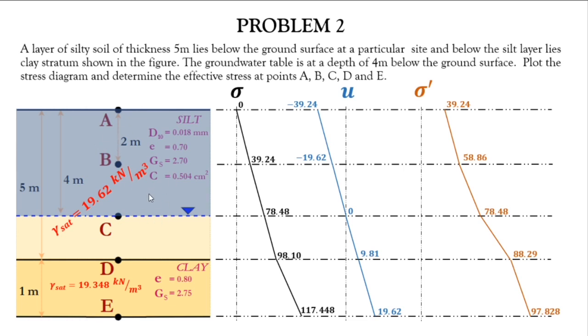So ngayon, yung next topic naman natin is, pwede natin siyang i-set up kung saan pwede tayong mag-allow ng flow doon sa soil. Ano naman kaya ang magiging effect noon sa effective stress ng lupa? So, yung next topic natin ay effects of water flow in the soil stresses. So, meron tayong upward flow or downward flow.